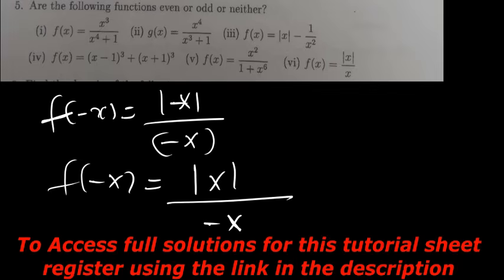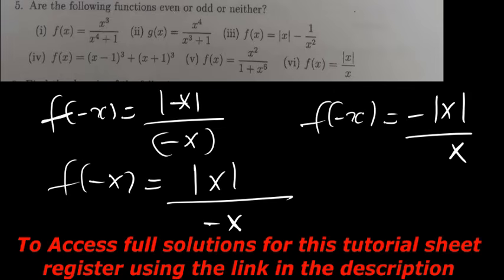The way this question is, even if I factor out negative, I'm not going to get the original one. Let's see. If I divide negative in this case, let's try to factor out negative. F of x will be equal to negative the modulus of x divided by x.